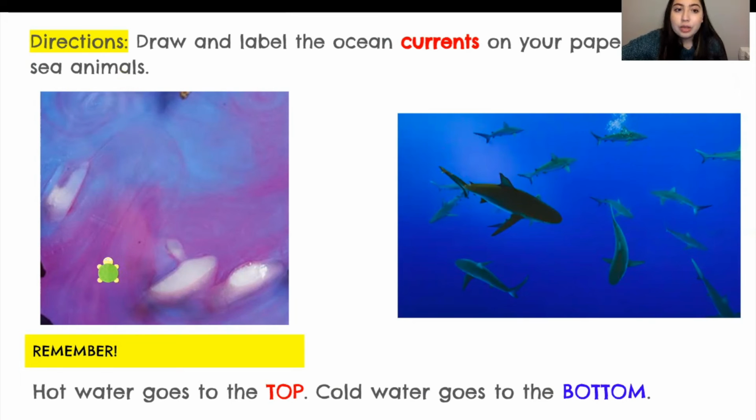So you know that a current is a river of water, as we saw in our experiment, and that what you're gonna try at home today is you're gonna make your own currents, these small rivers in a bigger ocean, right? And remember, hot water goes to the top and cold water goes to the bottom, and you're gonna see that in your experiment today.